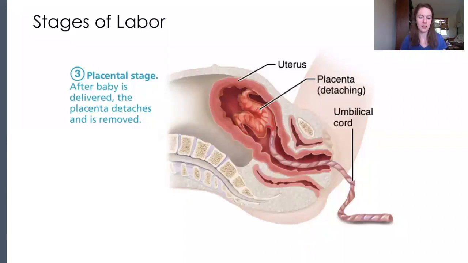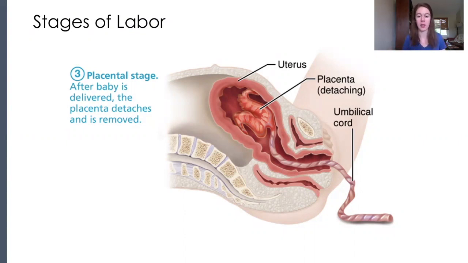But then the placental stage is when the placenta, about a half hour or so later, is going to be delivered. Uterine contractions are going to continue, which are just going to sever the placenta from the wall of the uterus. And then the doctors can actually count the number of umbilical veins and arteries in the umbilical cord to make sure that the fetal circulation has developed properly, to make sure that the baby has all of the vessels that it needs.